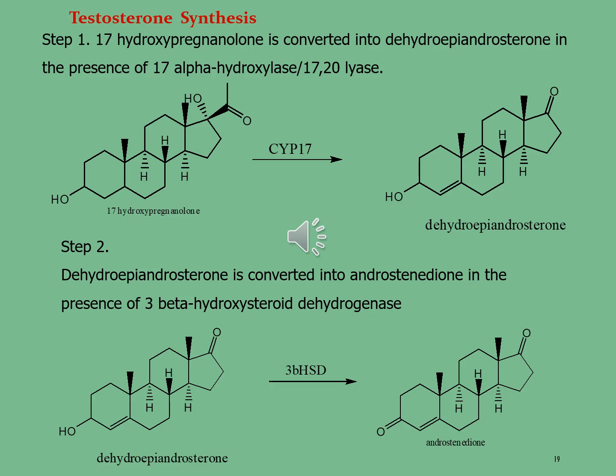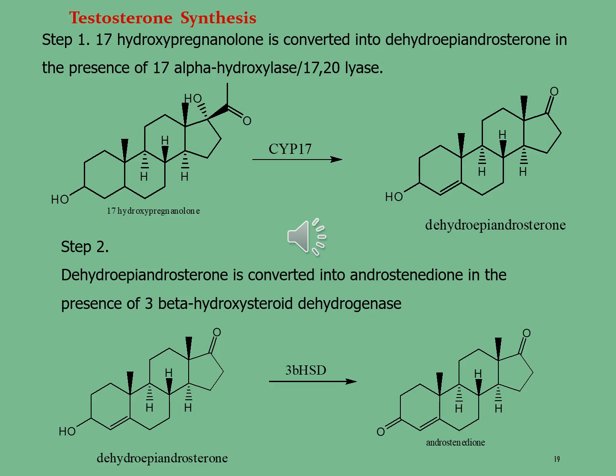In the second step, dihydroepiandrosterone is converted into androstenedione in the presence of 3-beta hydroxysteroid dehydrogenase enzyme. So the androstenedione consists of the carbonyl group at carbon 3 position and a double bond at carbon 4 position.